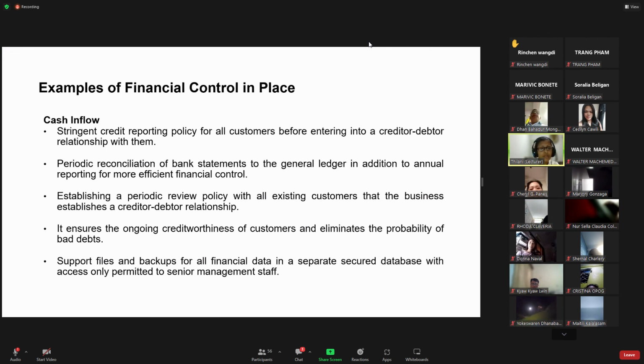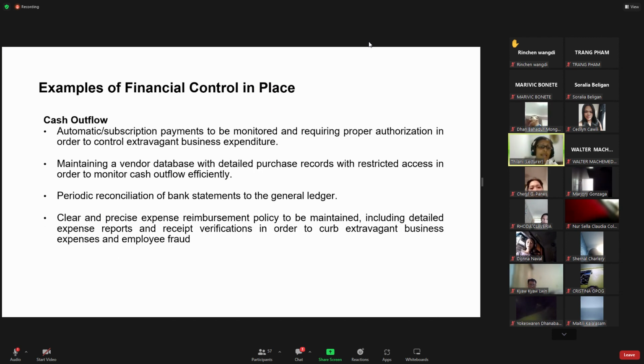Then periodic reconciliation of bank statements to the general ledger, in addition to annual reporting. For more efficient financial control, establish a review process, ensuring the creditworthiness of customers, with support files and backups. So whatever cash is coming into the organization, you need to take control of it and keep account of it. That's very important.